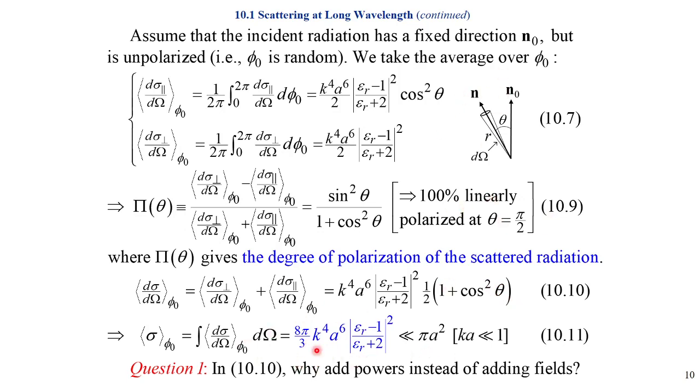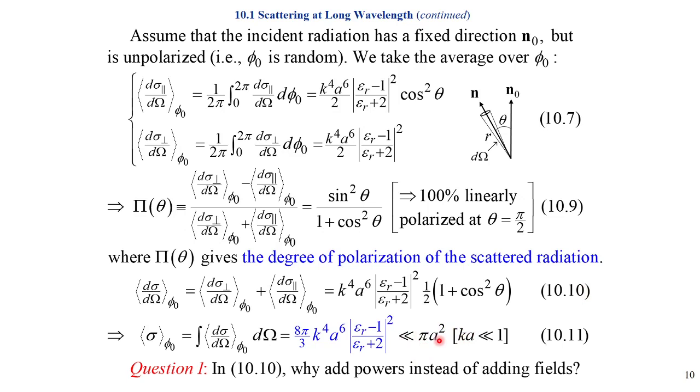And eventually we got this one: k to the fourth, a to the sixth. So obviously ka is the long wavelength limit, so this one is not very big. And k to the fourth a to the fourth is obviously much smaller than pi a square.